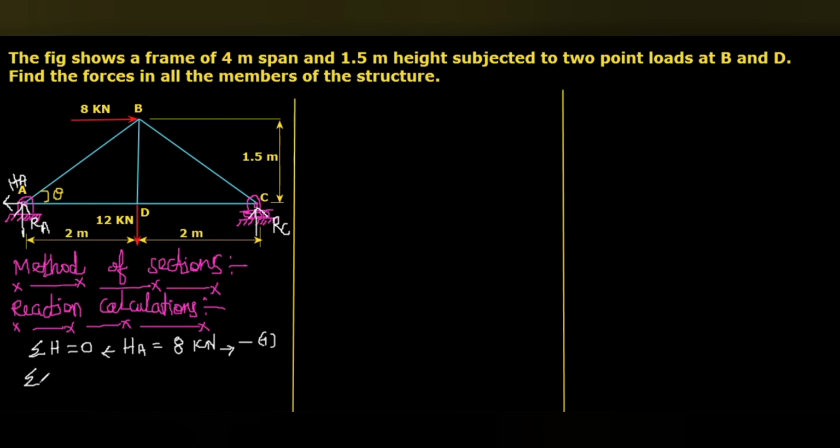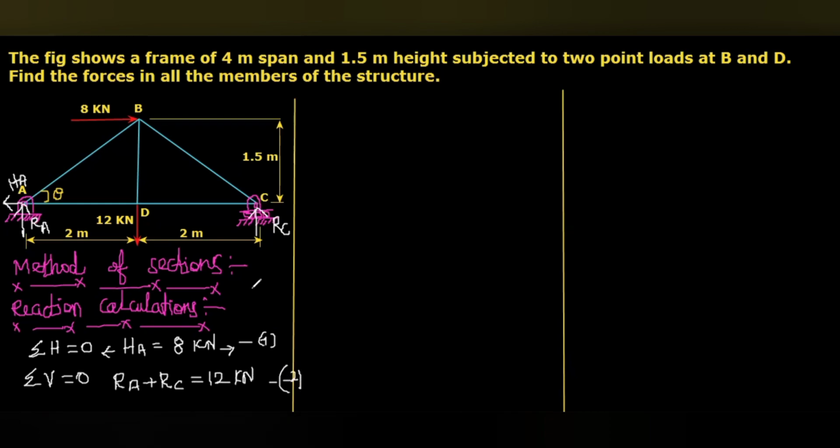Then algebraic sum of the vertical forces equals 0. Here, there are two vertical upward forces, RA and RC, and one downward force, that is 12 kilonewton. So the addition of the upward forces, RA plus RC, equals 12 kilonewton. This is the second equation.